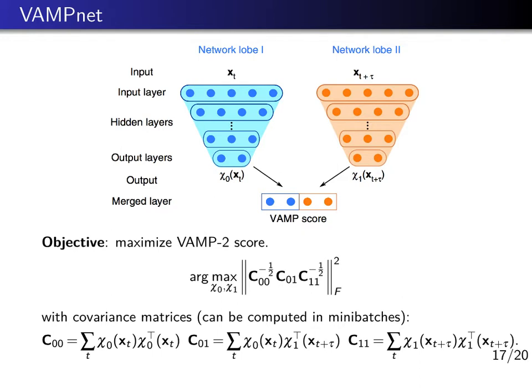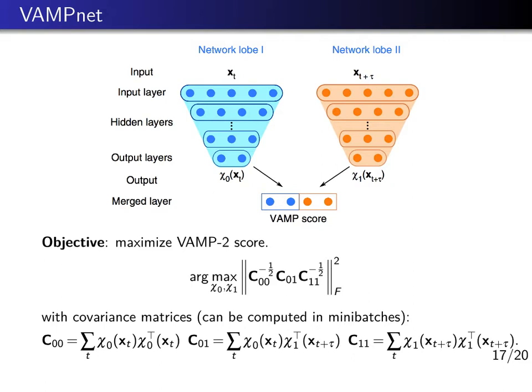So we have this pair of inputs xt and xt plus tau, and the pair of network outputs in latent space chi0 of xt and chi1 of xt plus tau.